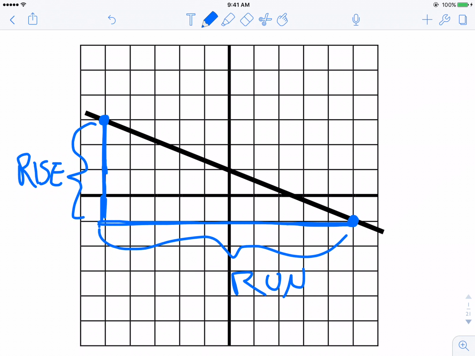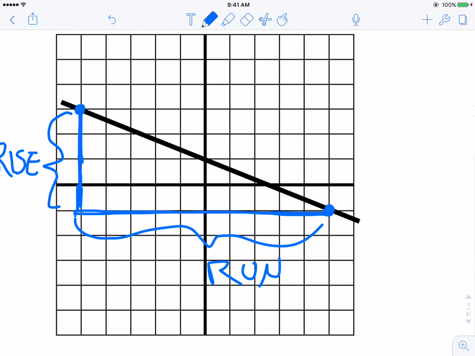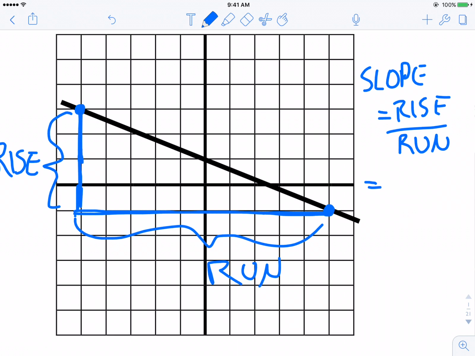So slope equals rise over run. How far up did that go? Or how far down in this case? So from here to here, this direction is going down, so it should be negative 4. And we move from left to right, that should be 10. So negative 4 over 10.